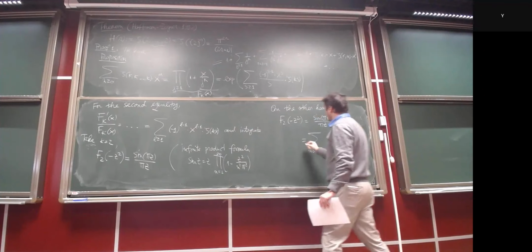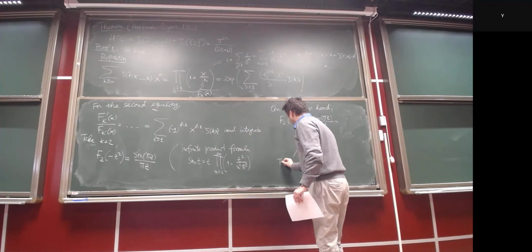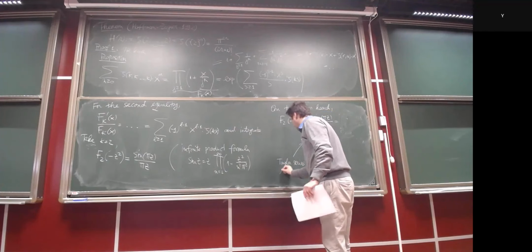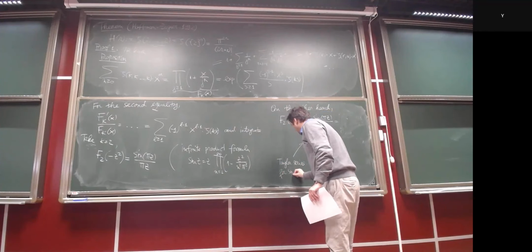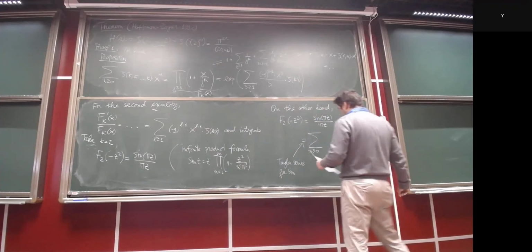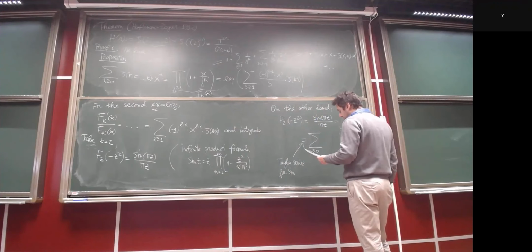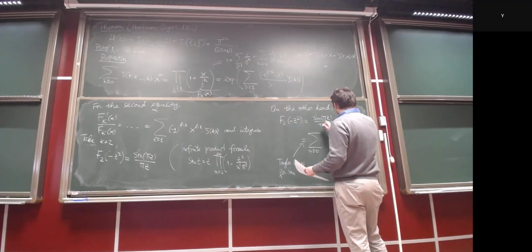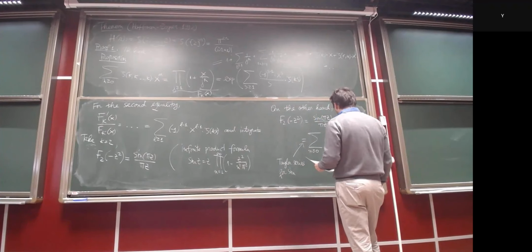So here I use the Taylor series, the power series, for the sine. And this will be negative 1 to the k, z to the 2k plus 1 over 2k plus 1 factorial.